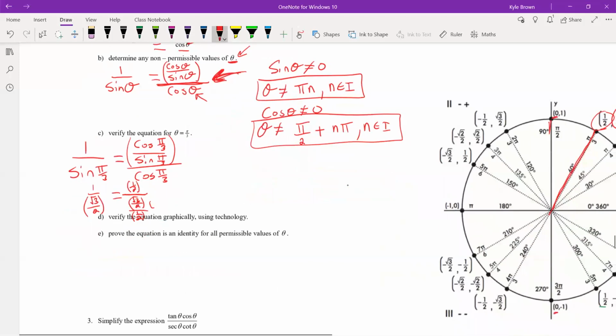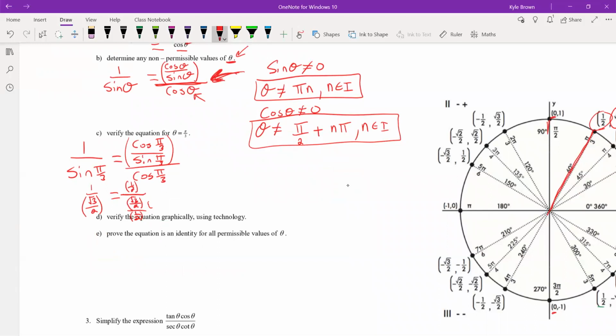So what you could also do, I'm getting messy here, is you'd have 1 over root 3 over 2, and then you could rewrite this as equal to 1/2 multiplied by the reciprocal there.